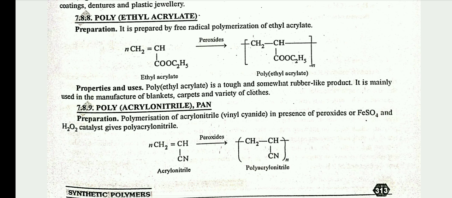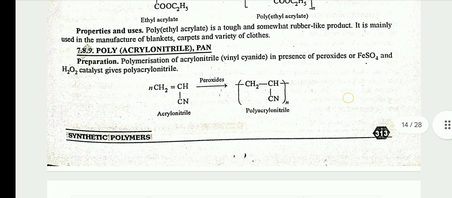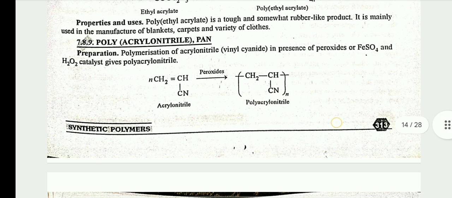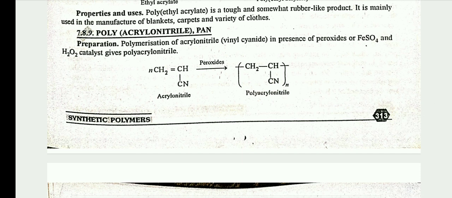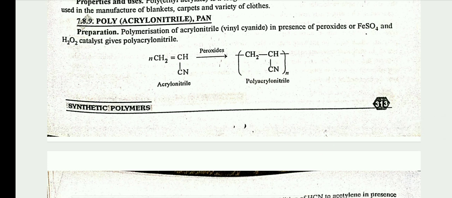Polyacrylonitrile, also known as PAN. Preparation: polymerization of acrylonitrile (vinyl cyanide) in the presence of peroxides or FeSO4 and H2O2 as catalyst.